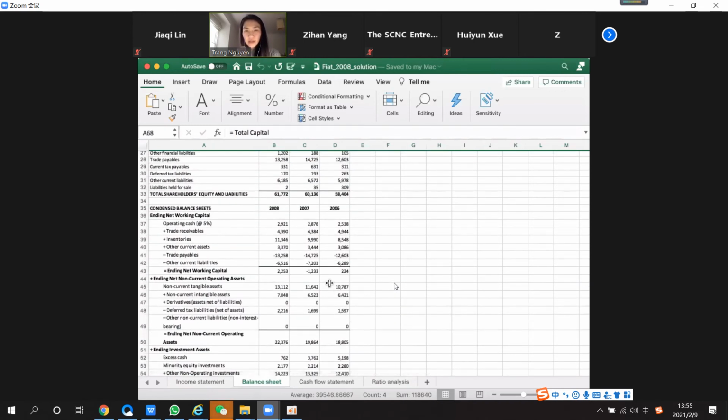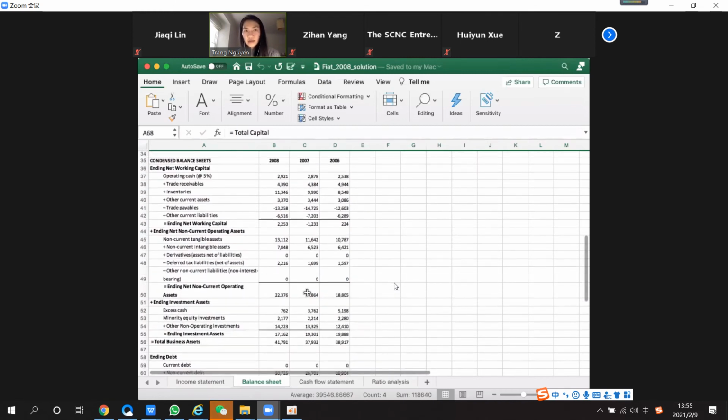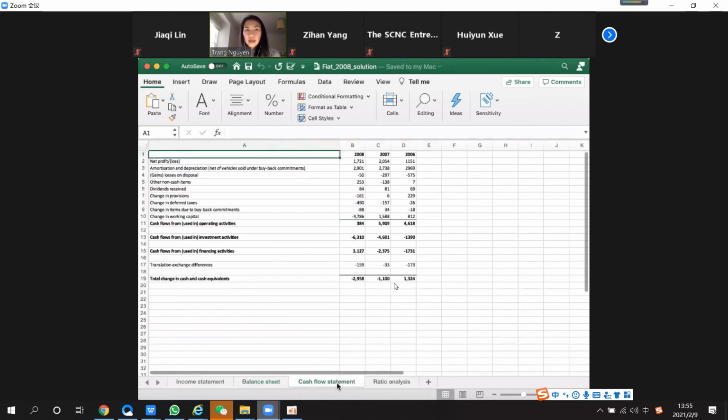Please have a look at the slides, and the books, to recall how we classify different items into operating activities and investment activities. That will be your exercise to do at home for this part. For the cash flow statement, we don't need to split between operating activities and investment activities.